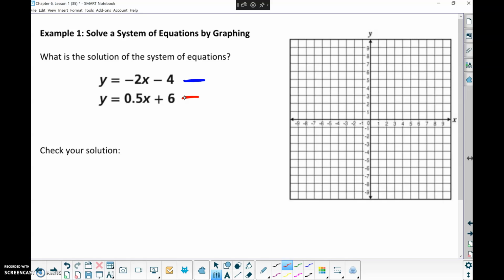I'm going to graph them in different colors. It doesn't matter, but that way you'll be able to tell, oh, the blue line, that's negative 2x minus 4, and the red line, oh, that's 0.5x plus 6. Just to make it easy.